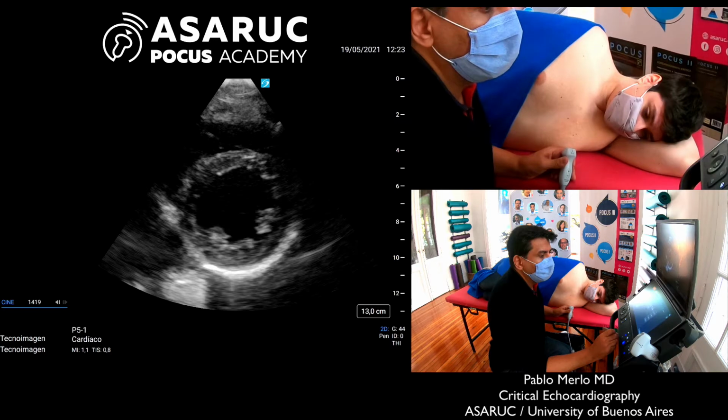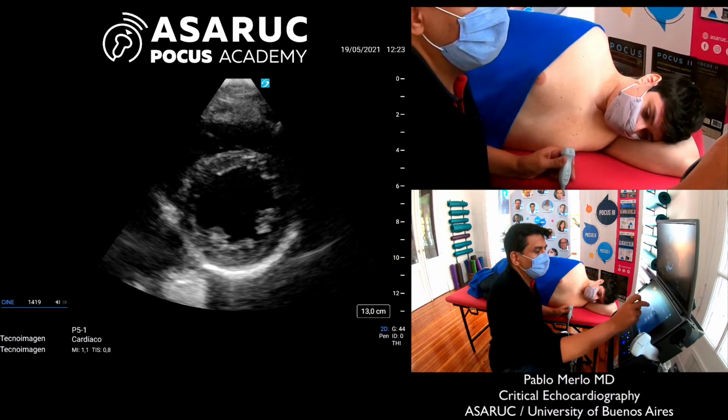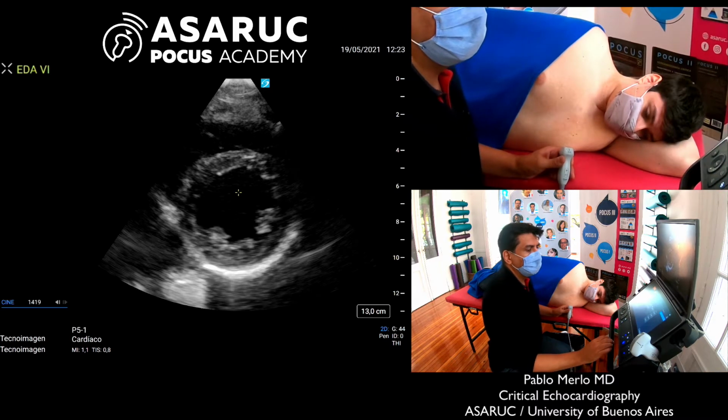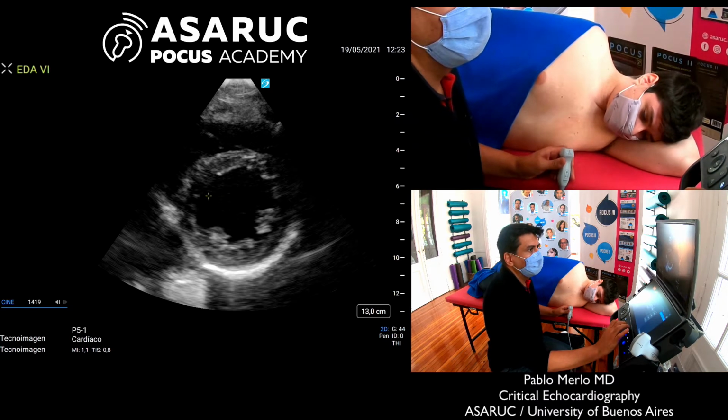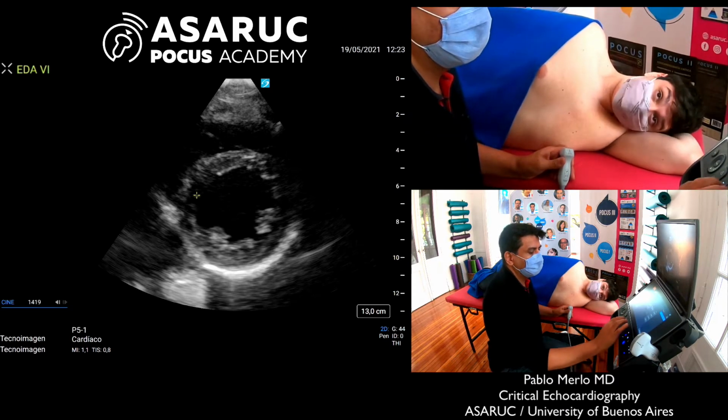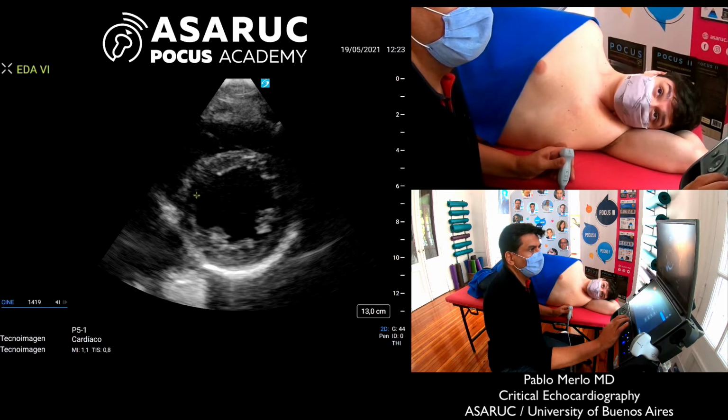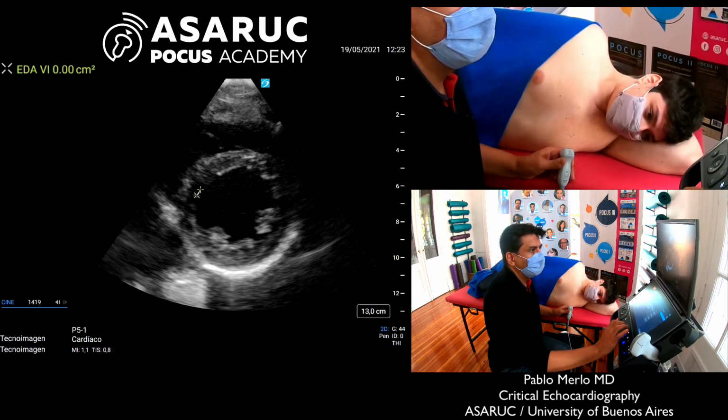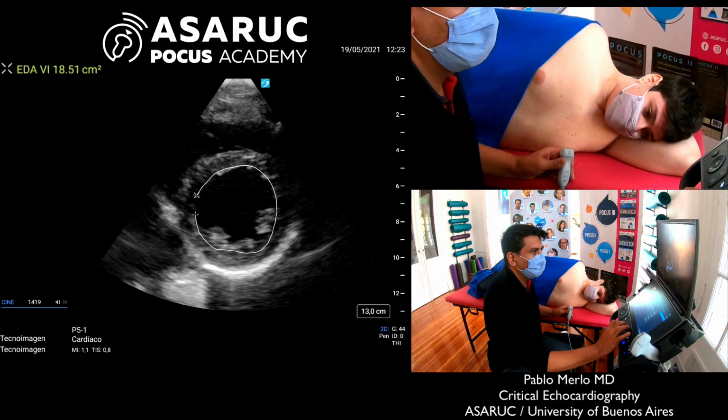This way, we will be able to obtain the fractional area change, which is another way to assess the systolic function. Please note that we are measuring the end diastolic area of the left ventricle by tracing the endocardial border, leaving out the papillary muscles.